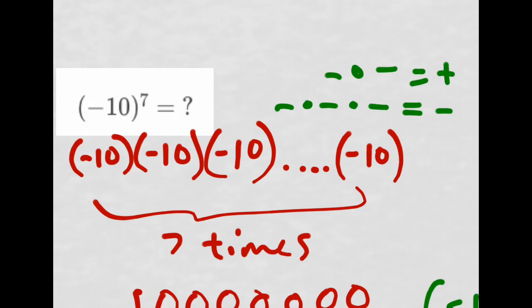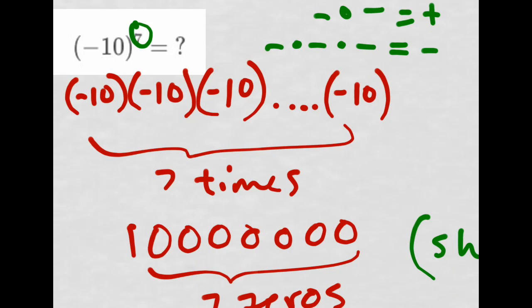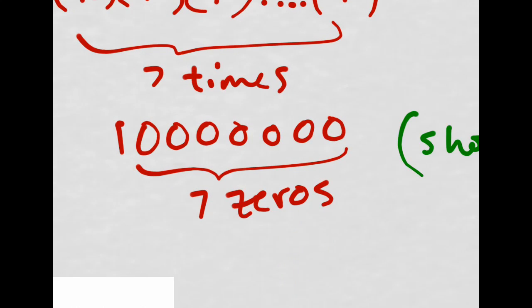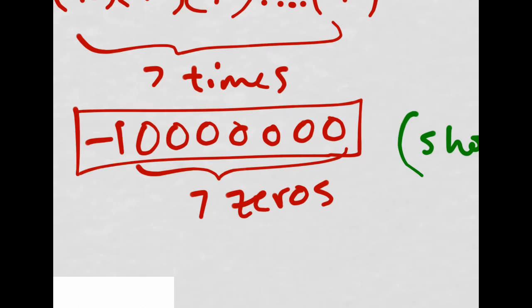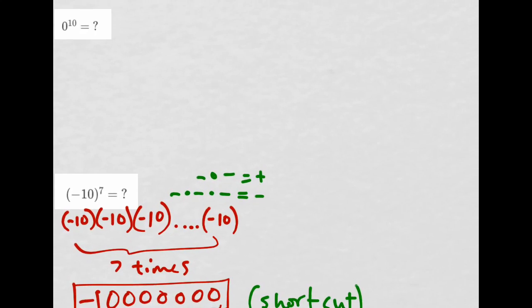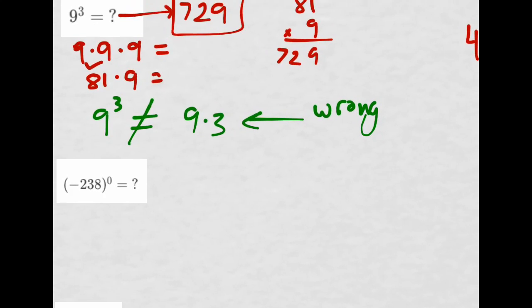Anytime this number is even, like a 2, a 4, a 6, an 8, your answer is going to be positive. In this case, this is odd, and we have 7 zeros, so this would be our answer. We'll probably look more at that in class. Anyway, that's that.